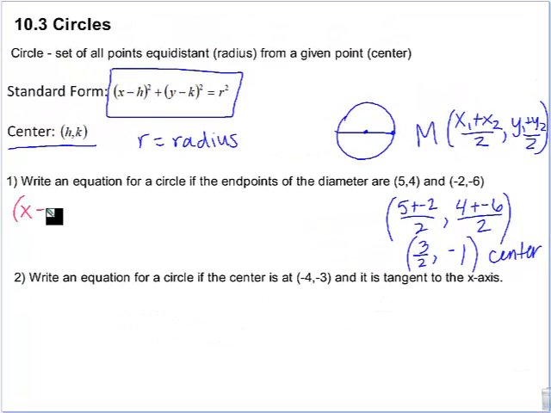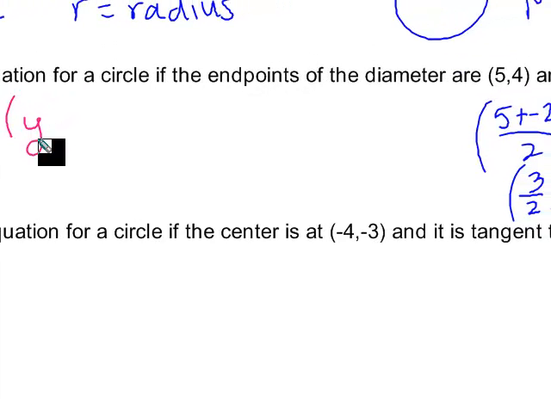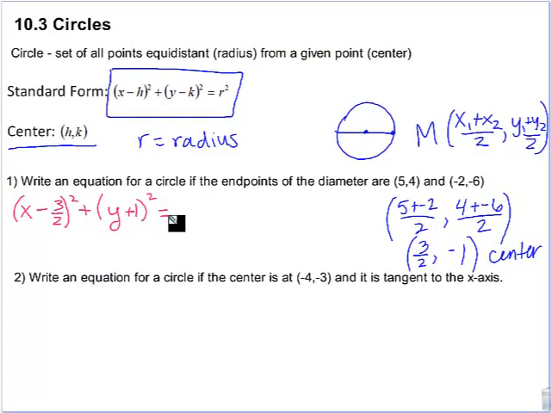So that would be (x - 3/2), yep, squared, and then plus (y - k). So what's our y value there? Good, so (y + 1) squared equals, now we just need to find the radius. It's y minus k here, and our k is -1. So y minus a -1 would be plus 1.